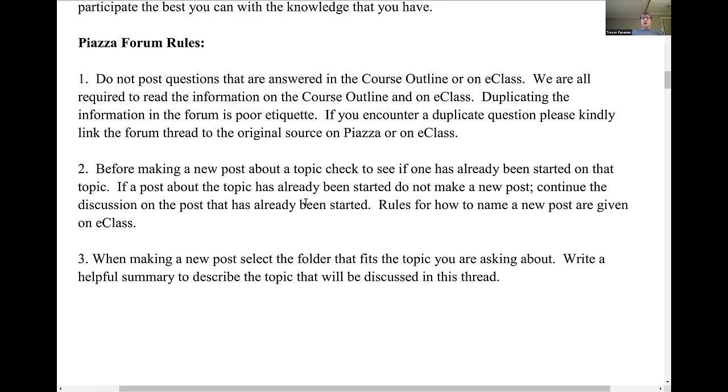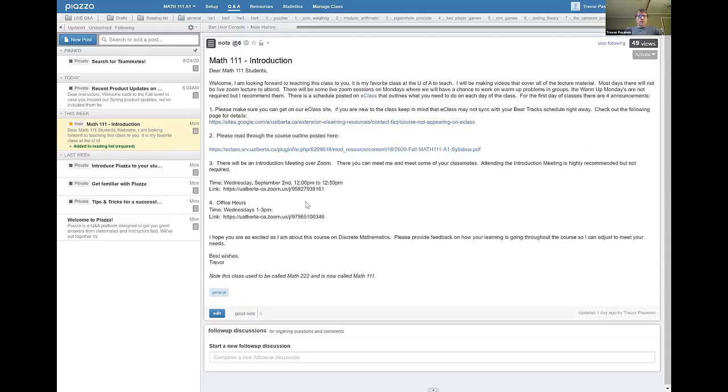Also on Piazza, there is a folder, and I've made a whole bunch of different folders for the different topics for our course. So please make sure that you're picking the correct folder. If you're talking about coin weighing in your post, you're making a new post, that's great. Just label it with the coin weighing folder. So there's all these folders right at the top here.